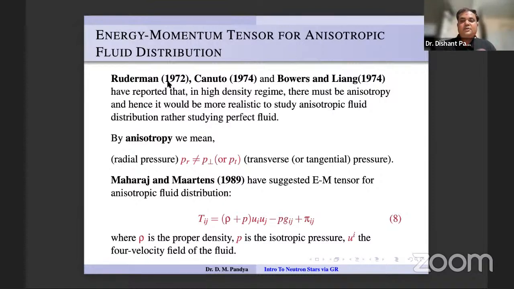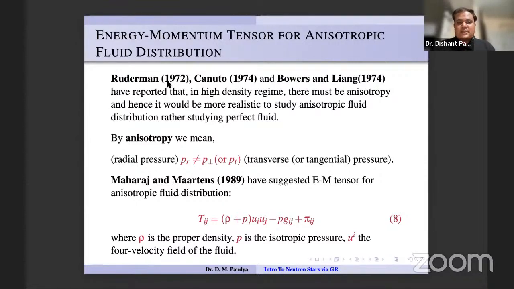Hence it would be more realistic to study anisotropic fluid distributions rather than perfect fluids, because a perfect fluid, in simple language, is nothing but an ideal fluid. So whatever theories you are making, whatever models you are creating, will have very little impact in realistic situations.